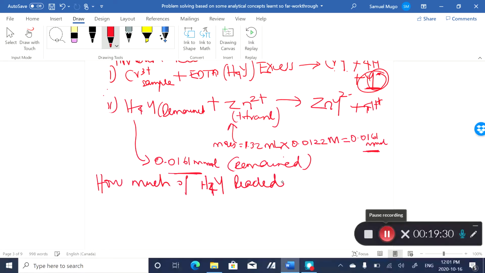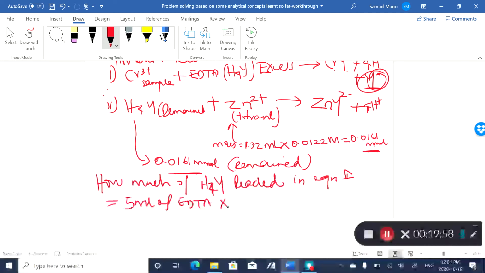And from equation 1, this would be equal to the number of moles that you started with. Remember, in equation 1, we had 5 mL of the EDTA, and I'm multiplying that by the concentration I had initially of EDTA, which is 0.0103.